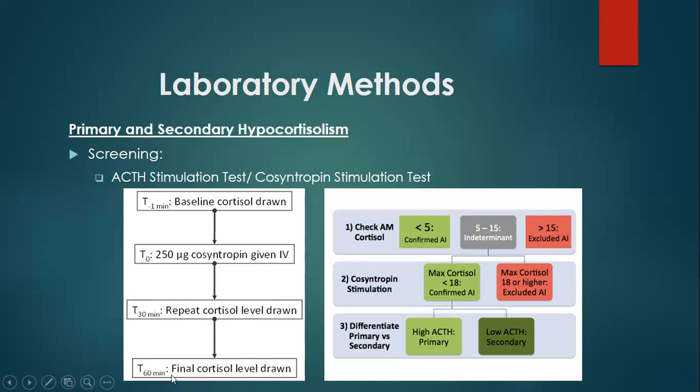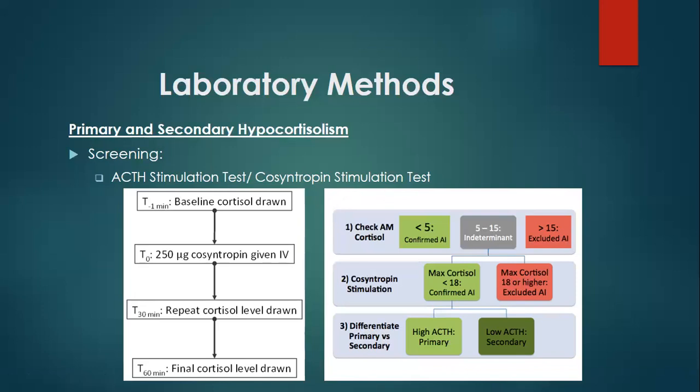So how do we interpret the test? Your ACTH stimulation test, or cosyntropin stimulation test, differentiates secondary adrenal insufficiency from tertiary adrenal insufficiency. Cosyntropin is a synthetic cortisol and aldosterone stimulator. In secondary adrenal insufficiency, we check AM cortisol.